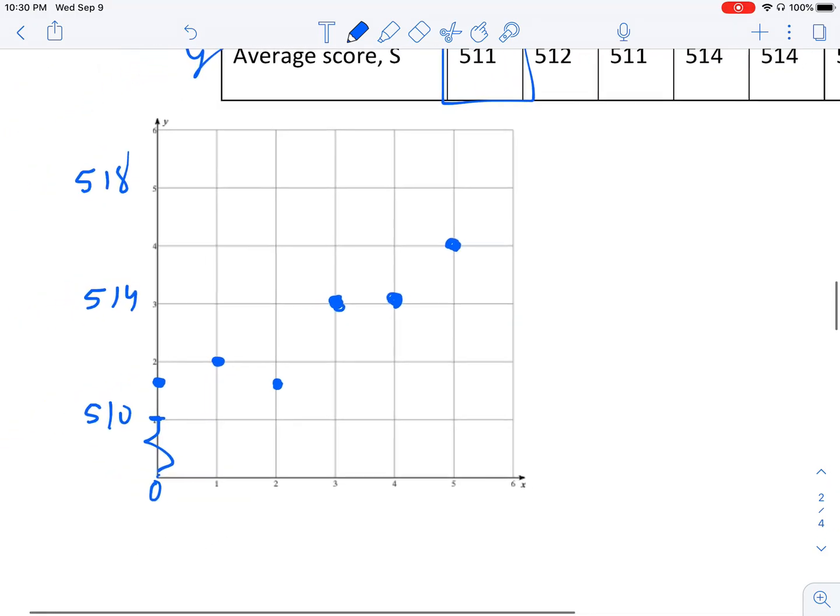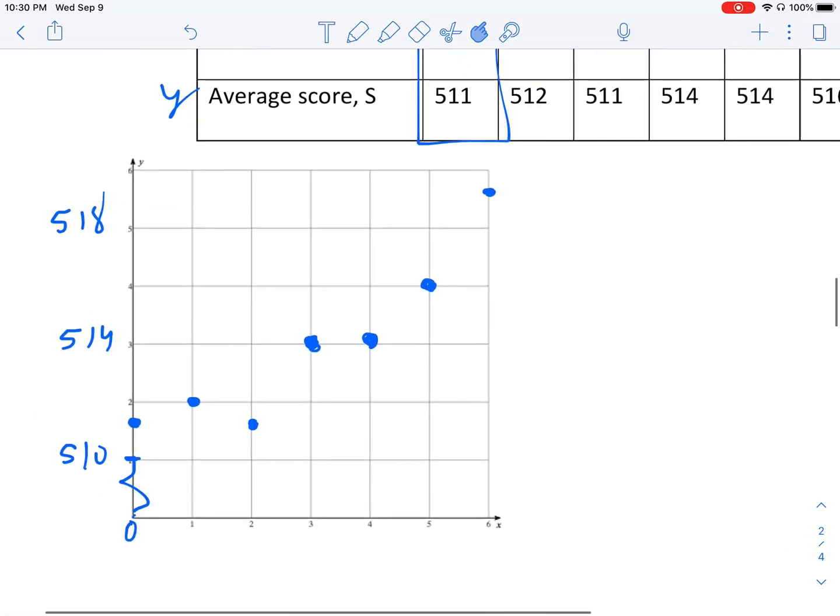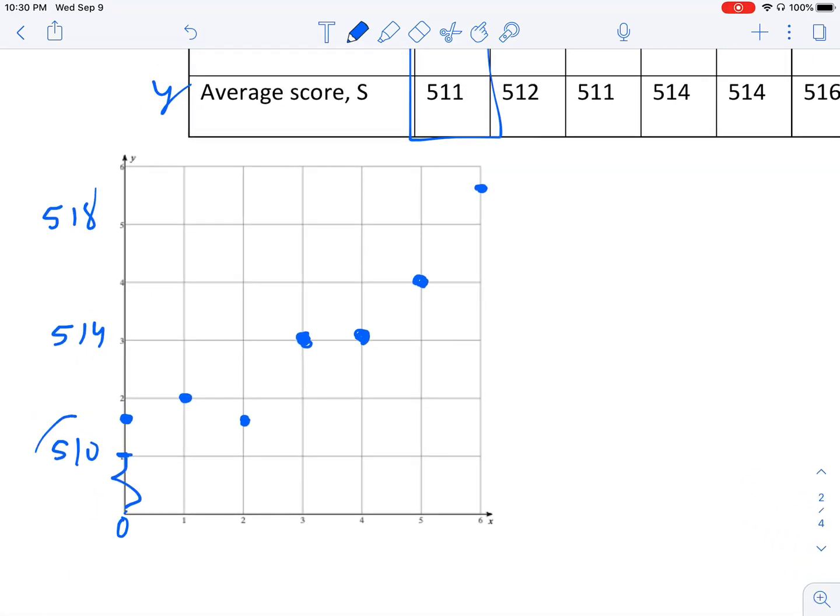And (6, 519), which would not be that high. It would be about halfway there. All right, so hopefully you're able to get this, understanding that, and then you can plot your points again, no problem, reading your scale accordingly.